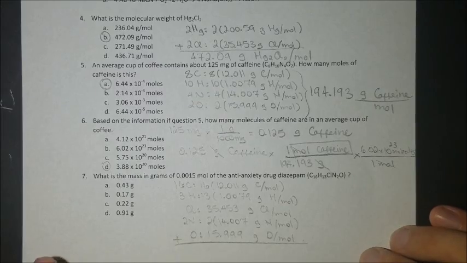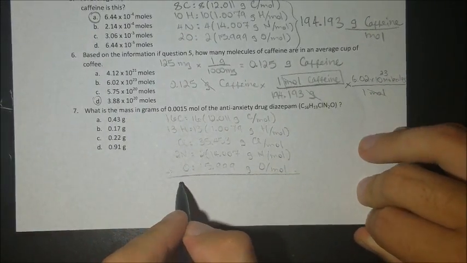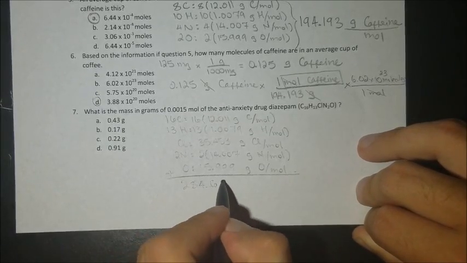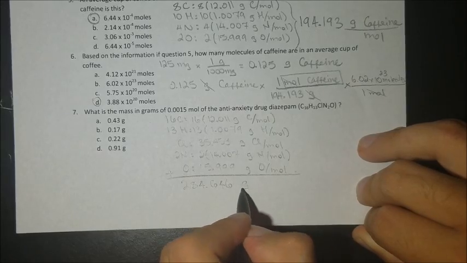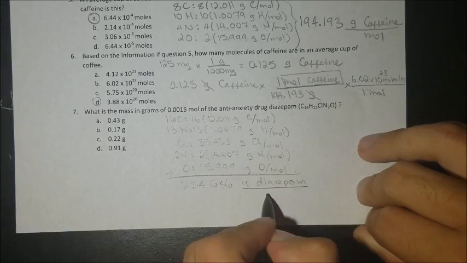And what I found was that the mass would be 284.646 grams of diazepam per mole.